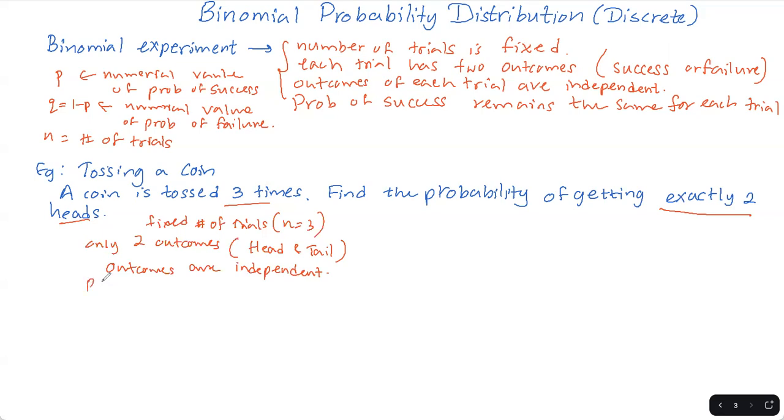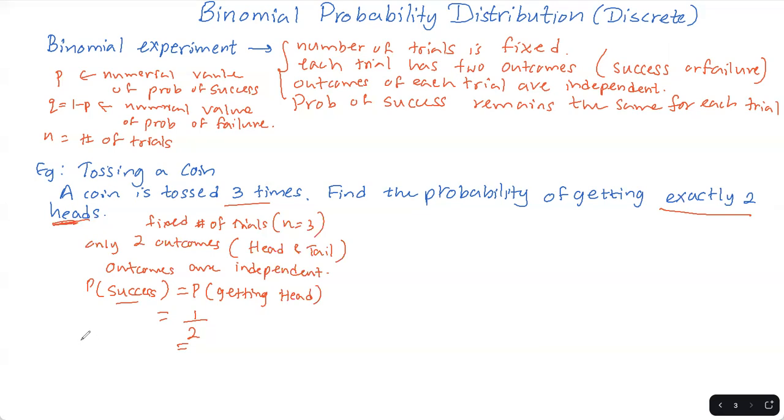And the probability of success: in this case, the success is defined as getting heads. Since we have 2 outcomes and this is a fair coin, the probability of getting heads is 1/2. This 1/2 is the same for all trials, right? So this is a binomial experiment.